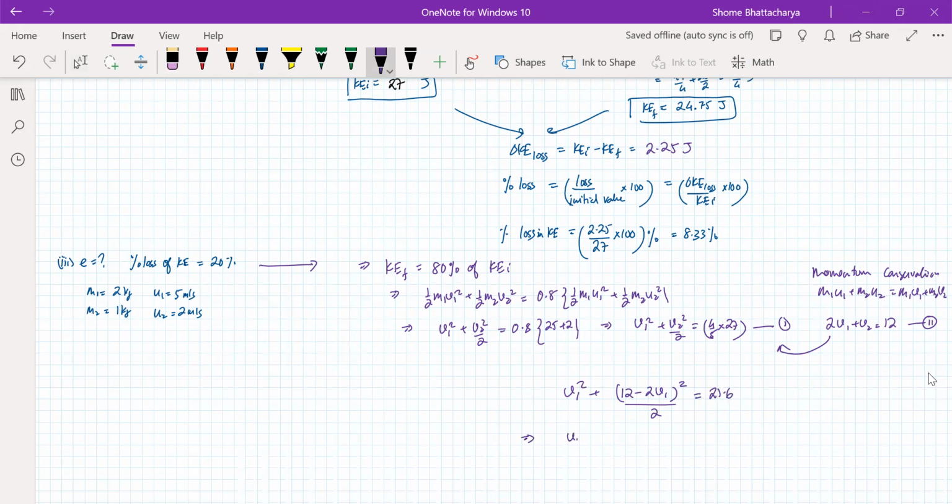So we get V1 square plus 4V1 square plus 144 minus 48 V1.